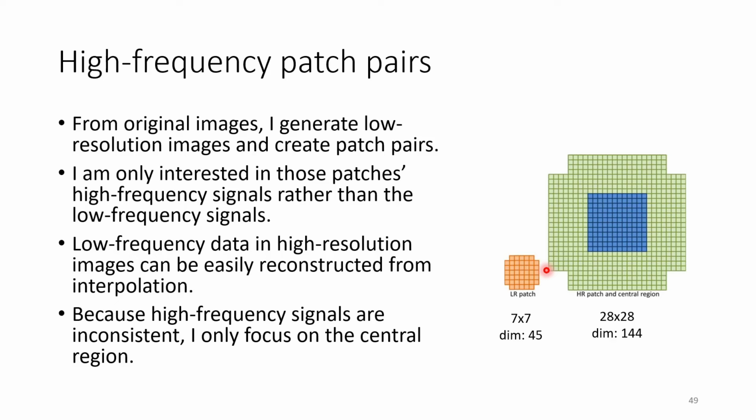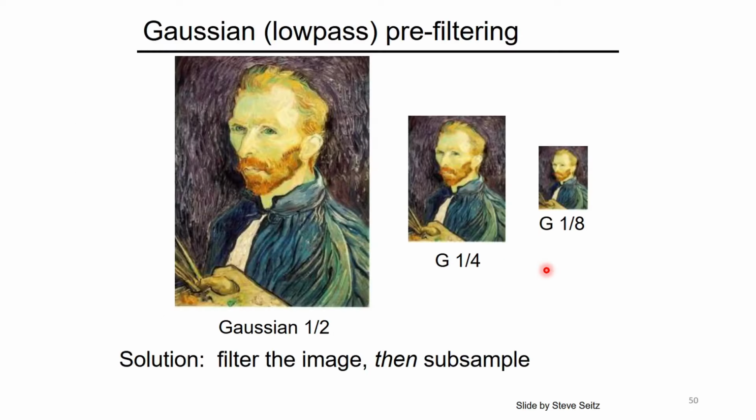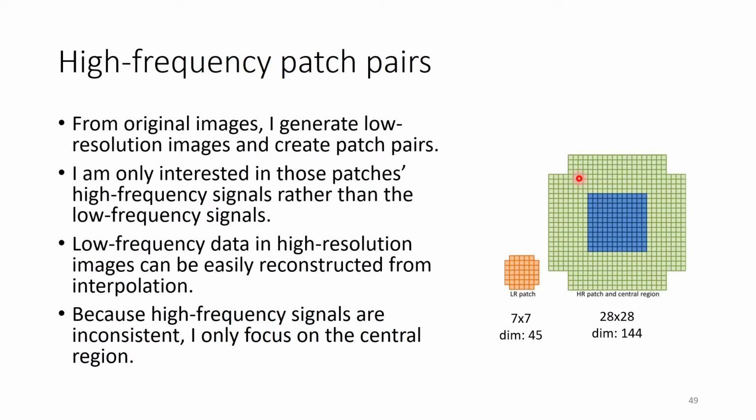I just apply a Gaussian filter and subsample. So I can generate a low resolution image from the original one, and therefore I can crop patches. For every low resolution patch, I can find its high resolution patch.